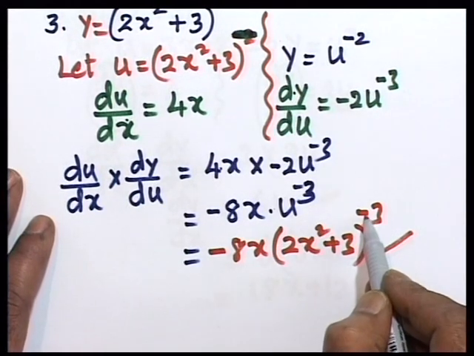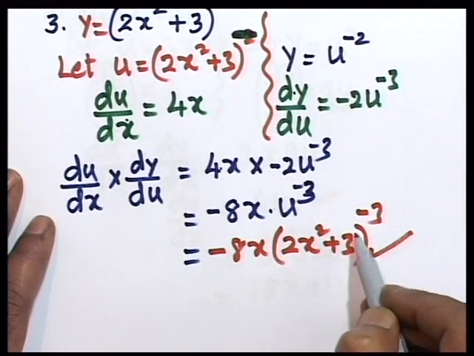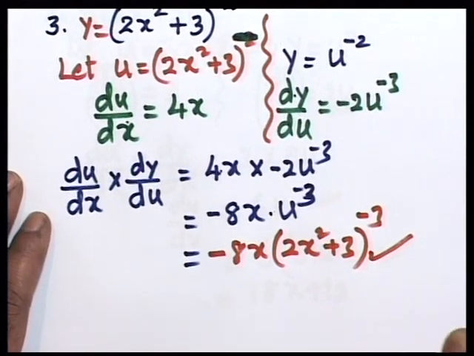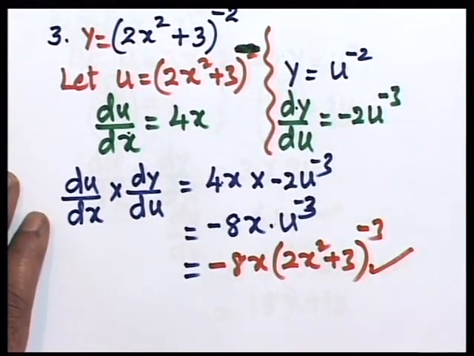But if you want to remove the minus and bring this to the denominator, that's still okay. So those are the three examples that we have done based on chain rule. du over dx, and then we have dy over du. Then we multiply those two to get dy over dx, which is the gradient of the given function.